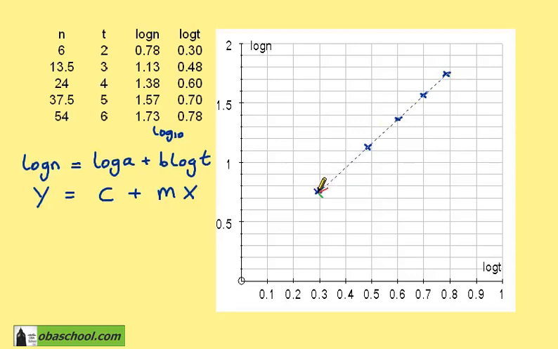And this is a straight line, which confirms the relationship that N is equal to A times T to the B. We can see the intercept here is 0.2, and we also need to know the gradient of this line.